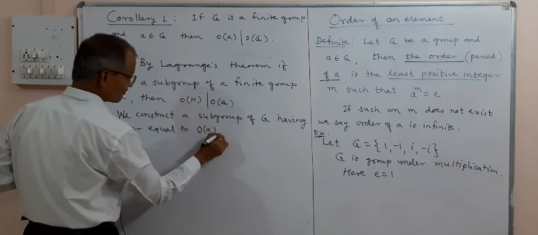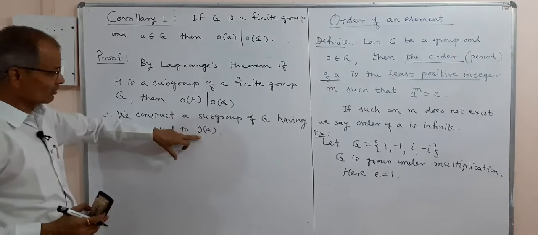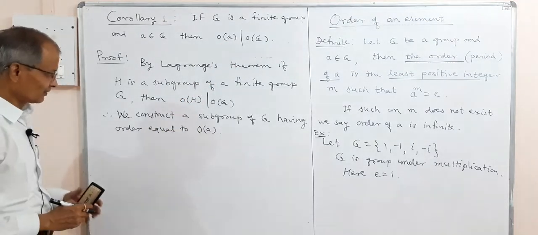Then the theorem will be proved, because the order of H divides the order of G, and the order of H is the order of a, so the order of a divides the order of G.